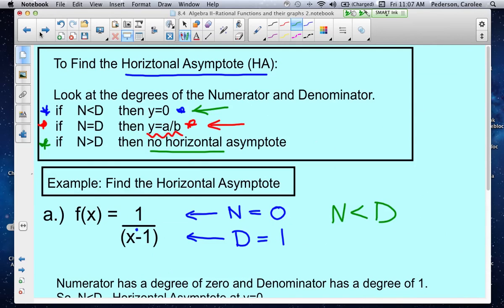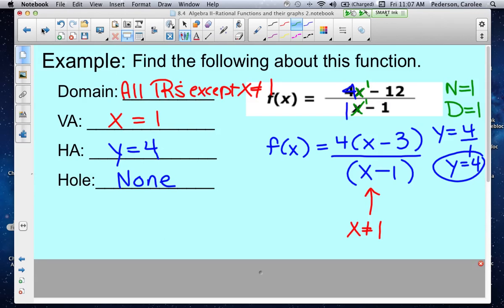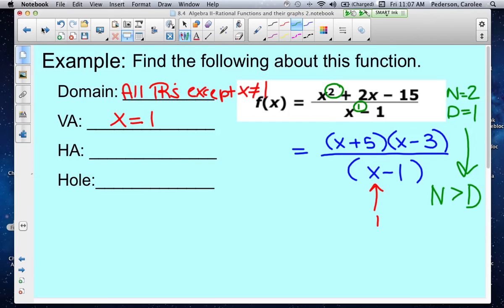The degree of the numerator is greater than the degree of the denominator. We're right here. There's no horizontal asymptote. So we'd say none. Now we look at it in factored form. Is there any common factors? Any common parentheses? No.